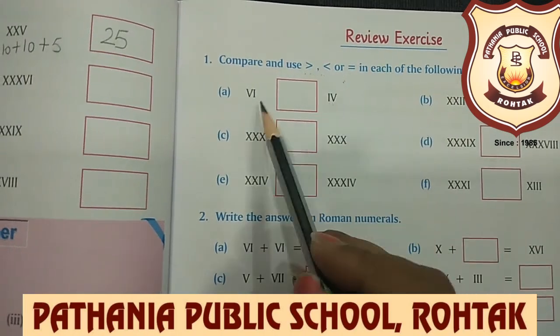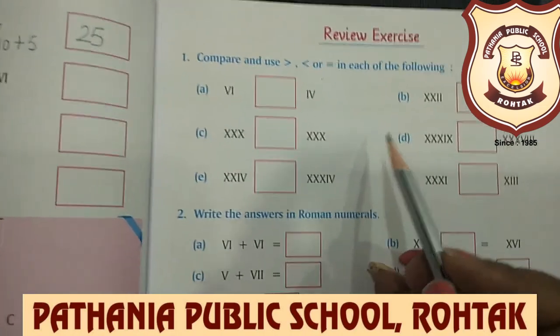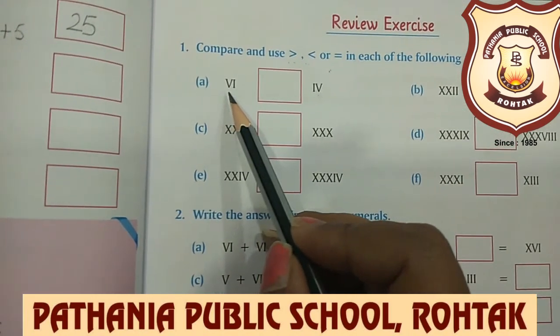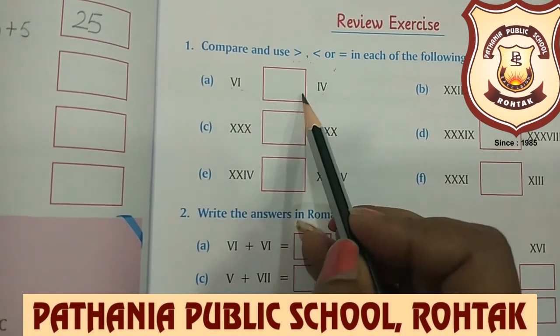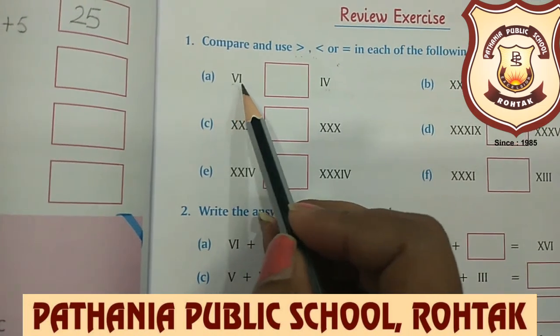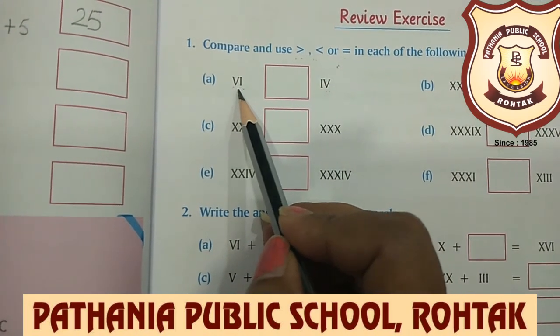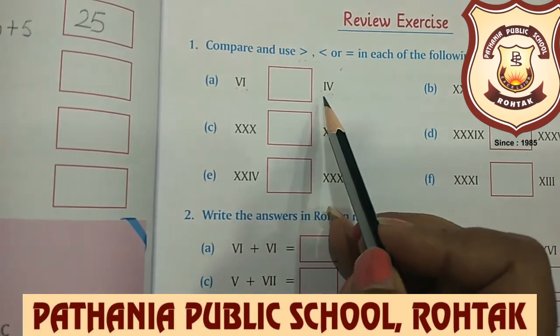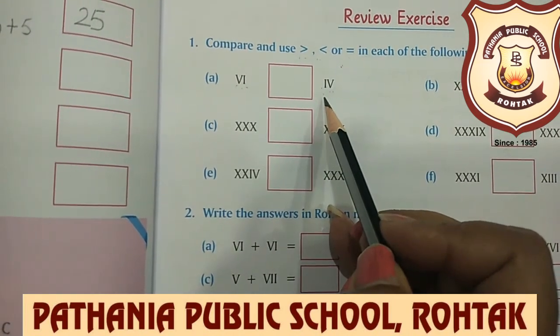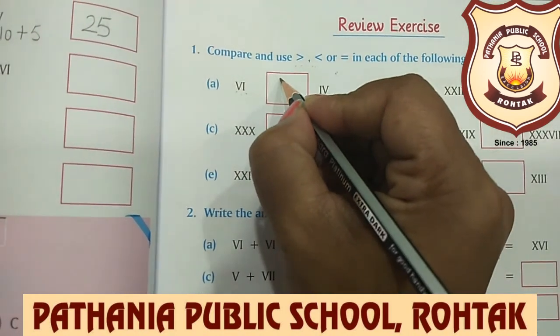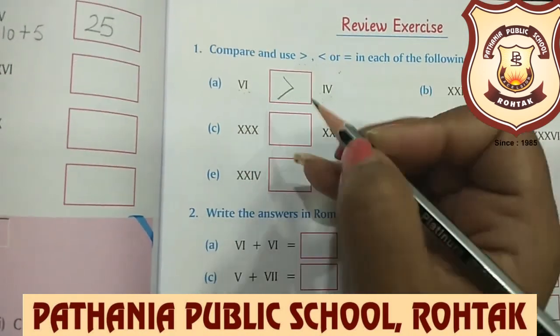So we need to compare these Roman symbols and then fill in these signs. In the first part it is VI and IV. VI means 6 because the smaller symbol is on the right hand side, and IV means 4 because the smaller symbol is on the left hand side. So 6 is bigger than 4. So we will put the sign of greater than.